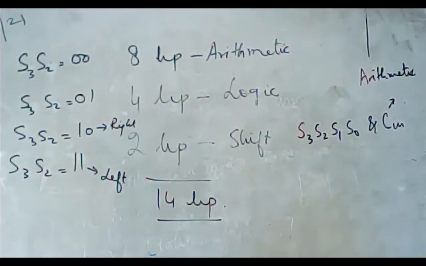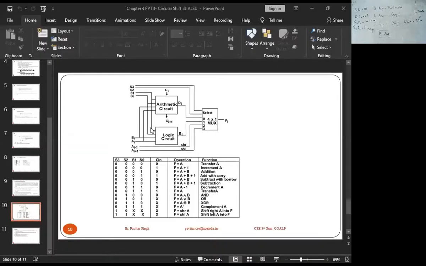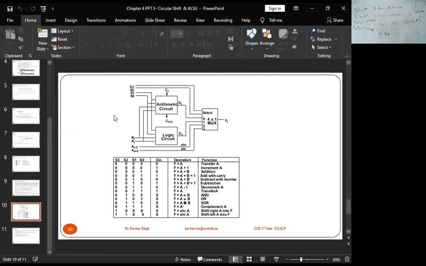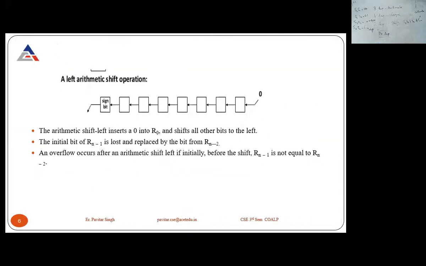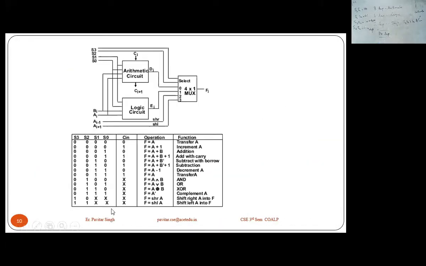So let me show you the slide again. Here you can see the first 8 operations, 1, 2, 3, 4, 5, 6, 7, 8, from transfer A onward.